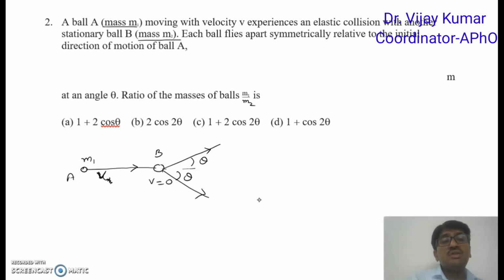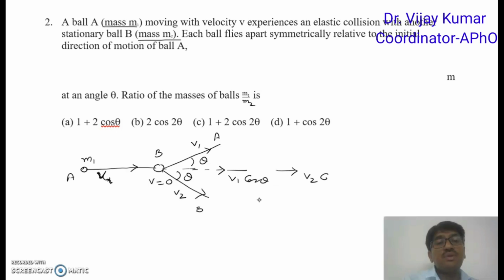Suppose this is ball A and this is ball B, and after collision they have velocities v1 and v2. The component of v1 in this direction is v1 cos theta, and the component of v2 in this direction is v2 cos theta.